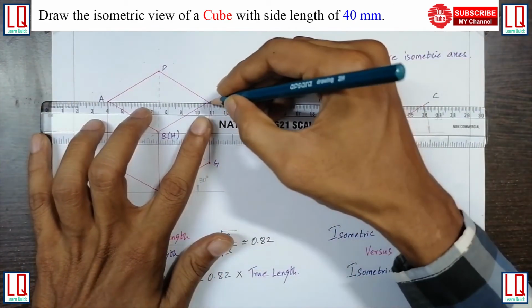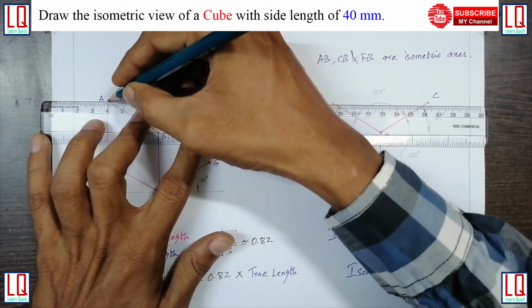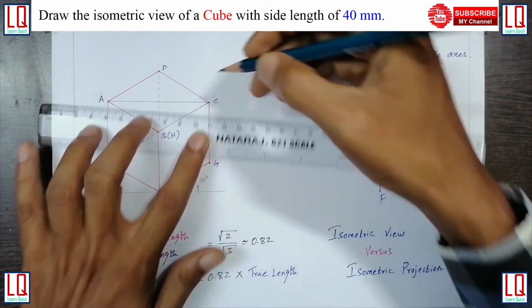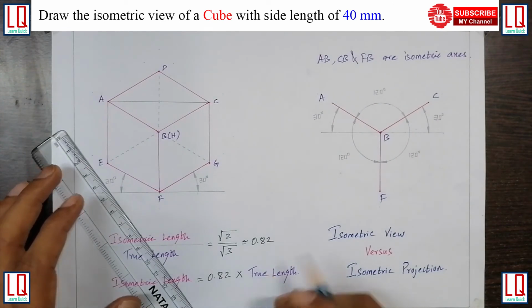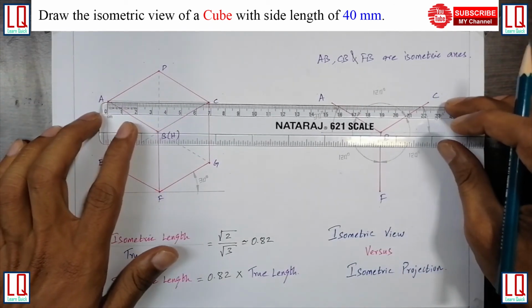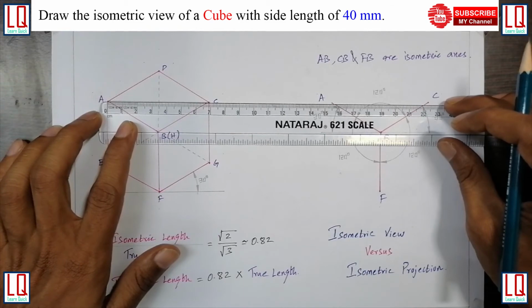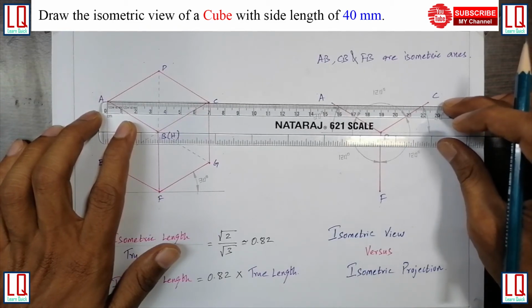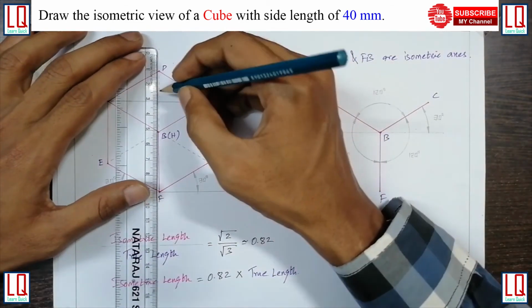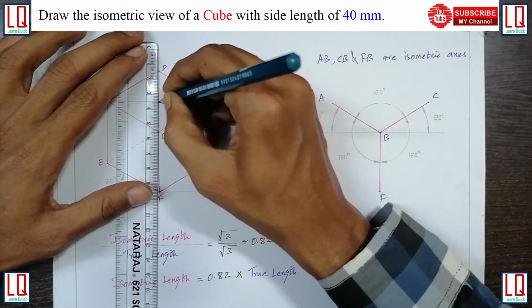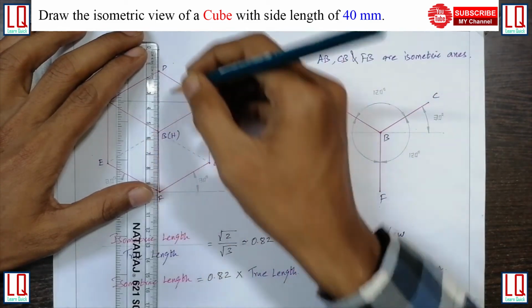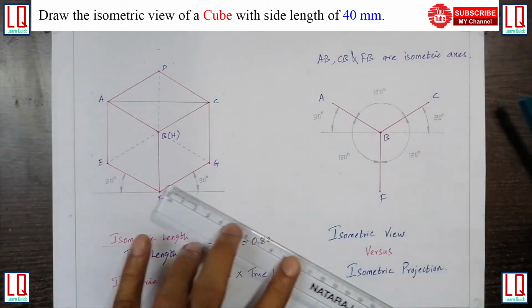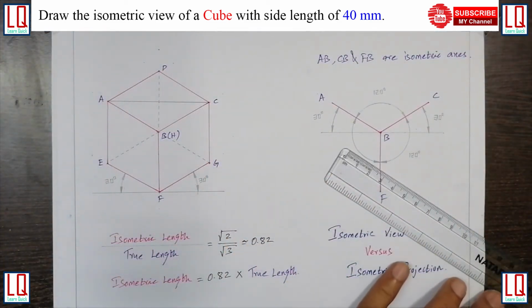So I join A and C. Keeping this as the center for the square, I measure this diagonal to be approximately 7, so I take 3.5 and 3.5 on either side, and I am going to draw the square.